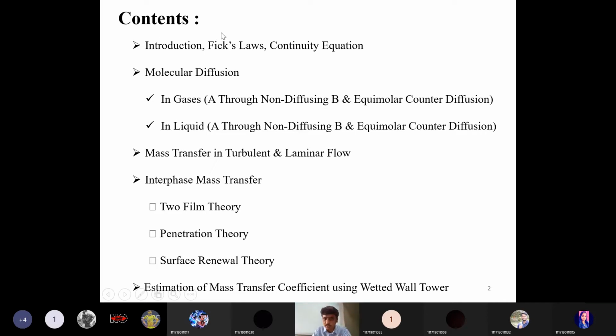Similarly here, Fick's first law of diffusion and Fick's second law of diffusion are there. Among them, Fick's first law is very important. It is the basic governing equation for mass transfer.